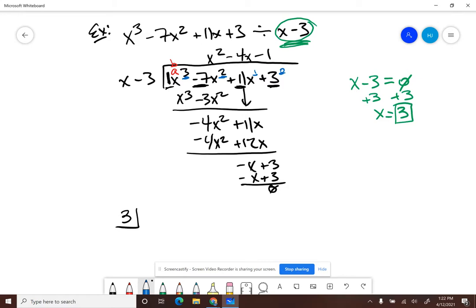It has to be in standard form in order to be able to do this. But again, it's going to be worth it, okay? So let's write down these coefficients right here that we were talking about. We're going to write them down right here, in line with where we've already got the little box and the 3. So I'm going to bring down a 1, a negative 7, an 11, and a 3, okay?